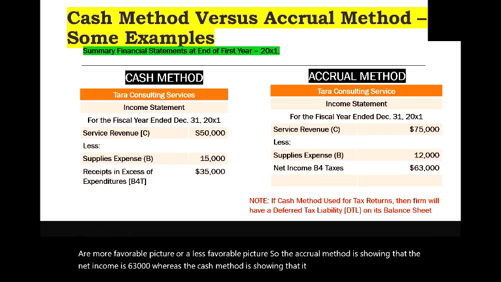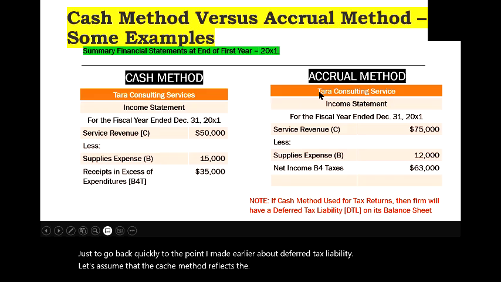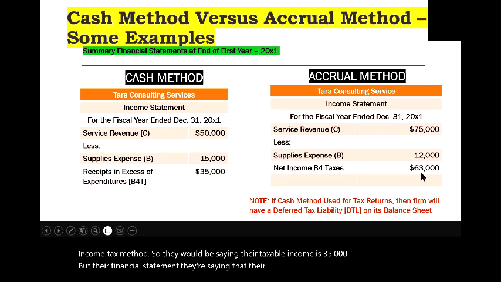Just to go back quickly to the point I made earlier about deferred tax liability, let's assume that the cash method reflects the income tax method. So they would be saying their taxable income is $35,000, but on their financial statement, they're saying that their taxable income is $63,000.